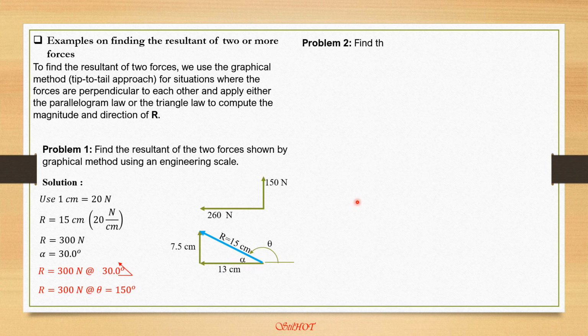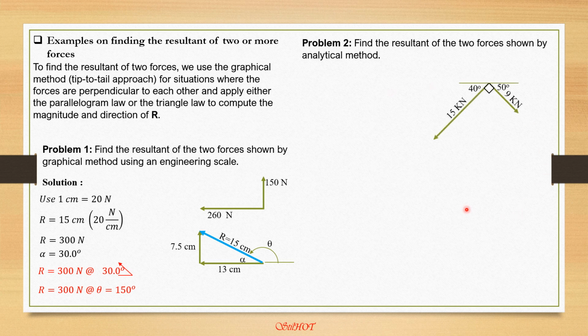So that's it. Then for problem 2, we have to find the resultant, this time by analytical method, of the two forces shown in the figure. The two forces are perpendicular to each other. Then remember that if we arrange them into the tip-to-tail method, then the resultant can be computed.